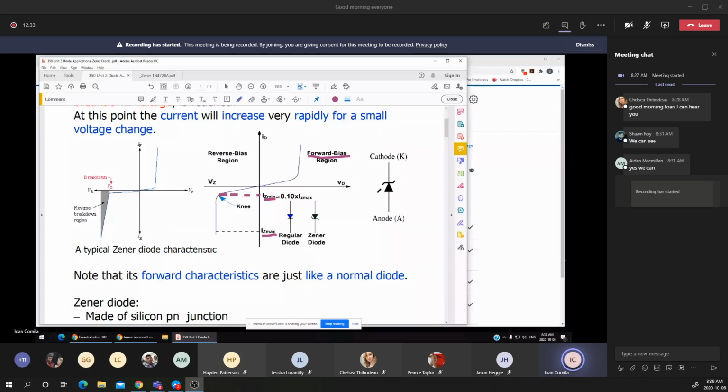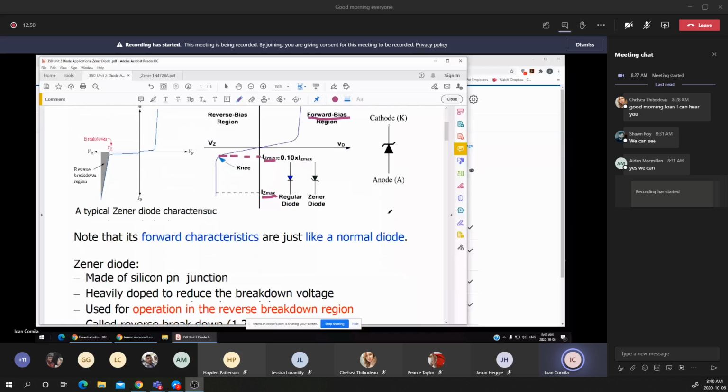There is no difference between a regular diode and a Zener diode in forward bias. The only difference is if the voltage applied across the diode is in reverse bias, with the positive on the cathode and the negative on the anode.